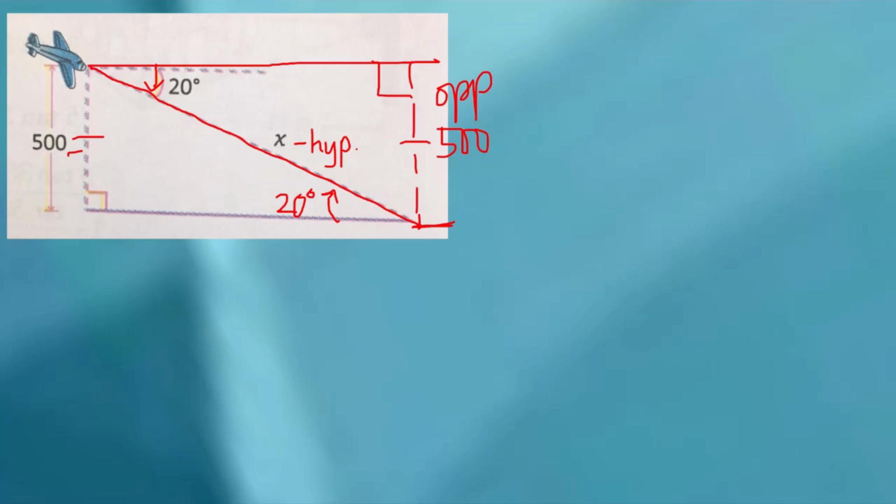And, ang given po natin is opposite and hypotenuse. Ano po sa SOHCAHTOA ang may opposite and hypotenuse? And that is SO. And SO means sin theta is equal to opposite over hypotenuse. Then, substitute po natin yung mga given. Meron tayong given angle. That is sin 20 is equal to 500 over x.